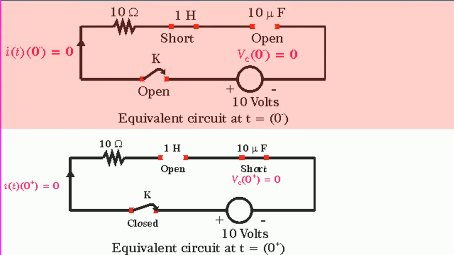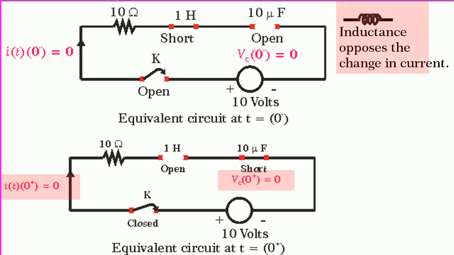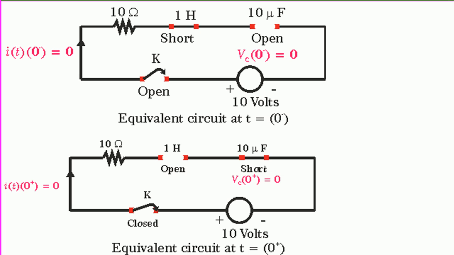If we observe this equivalent circuit, we find that i(0-) is equal to 0 and Vc(0-) is equal to 0. So, i(0+) also is equal to 0 and Vc(0+) also is equal to 0, because inductance opposes change in current and the capacitance opposes change in voltage. So, we have got one answer: i(0+) is equal to 0.